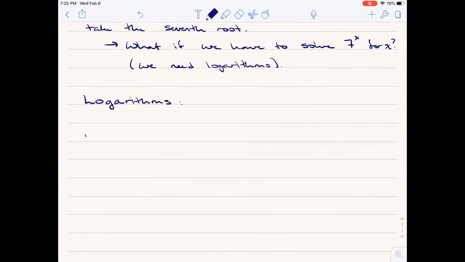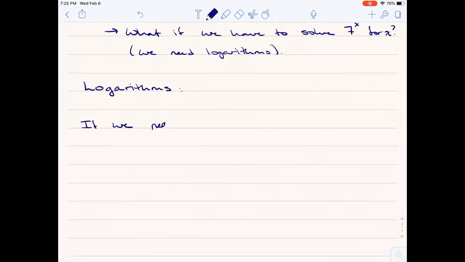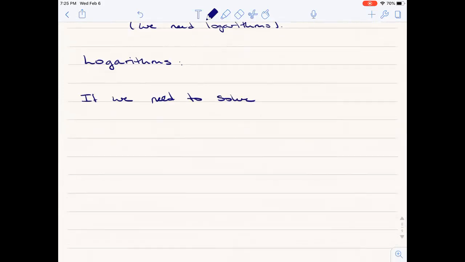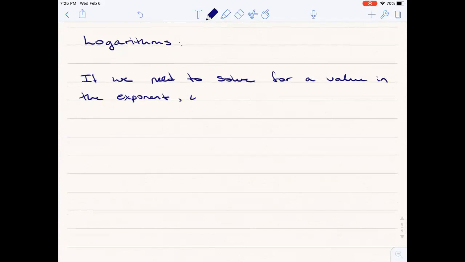But let's just say here, first, if we need to solve for a value in the exponent, we will need to use logarithms, which I'll just call logs from now on.